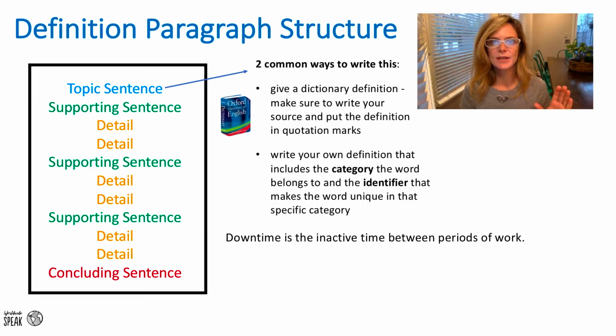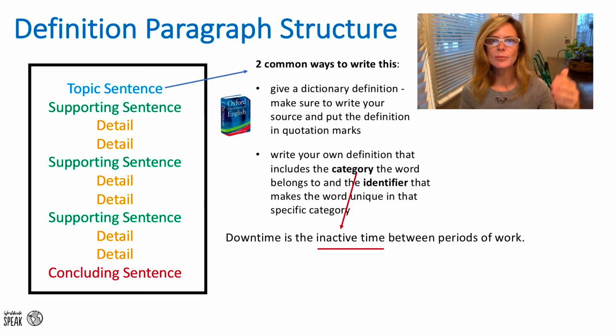Well, let's take this topic sentence as an example. Downtime is the inactive time between periods of work. Well, downtime is the word we're going to give a definition for. And then what category does that fall into? Well, the category is time, right? It's a kind of time, and it's inactive time. You're not doing anything. And then what's the identifier?